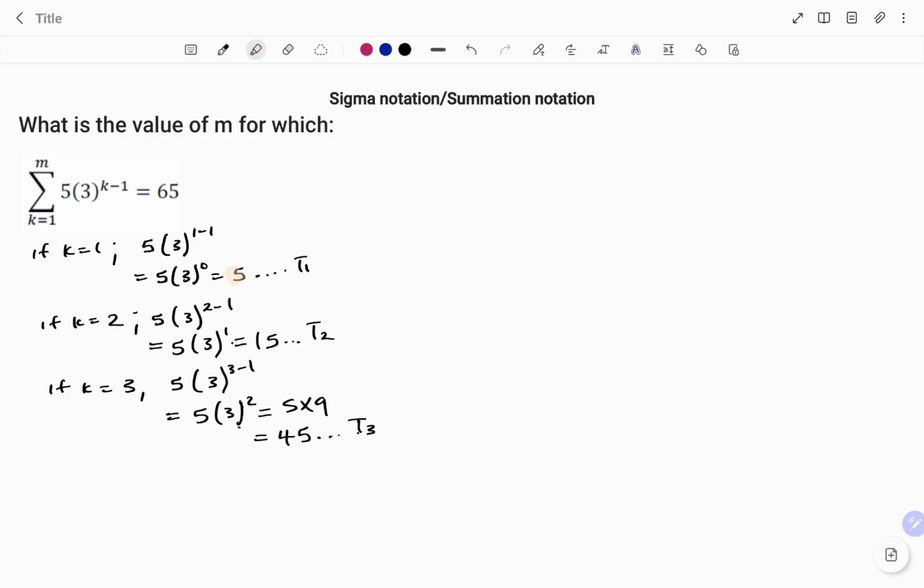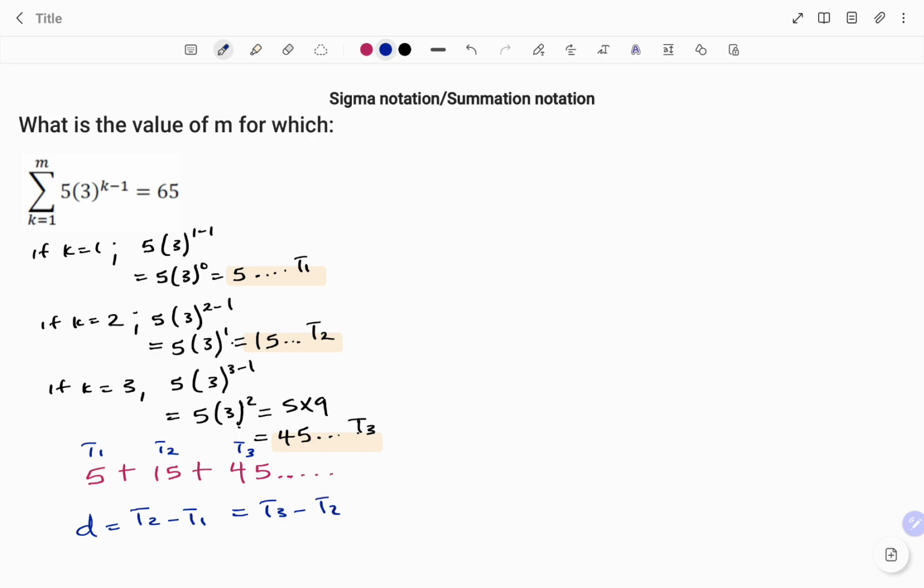So now that I know my first 3 terms, I'm going to write that out as my term 1, that's 5. This will be my T1, T2, and T3. Note that if I'm to find my common difference, my common difference is supposed to be D equals T2 minus T1, which is also equal to T3 minus T2.